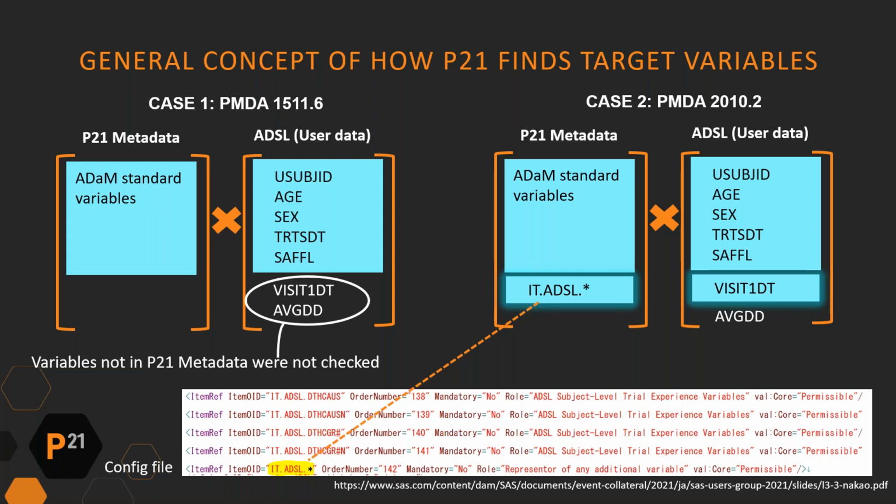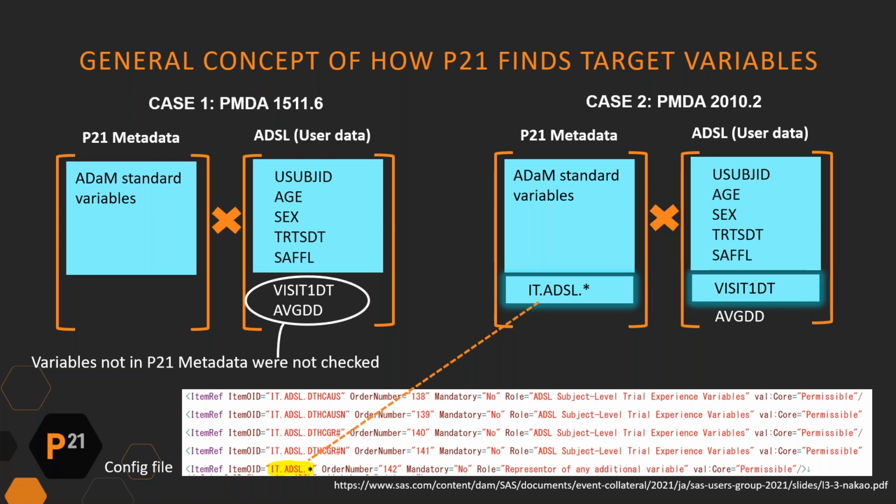As I mentioned, Pinnacle 21 has its own metadata that keeps CDISC standard variables for each data standard. So if user data contains ADaM standard variables, Pinnacle 21 will use its ADaM metadata to check those variables' CDISC compliance.